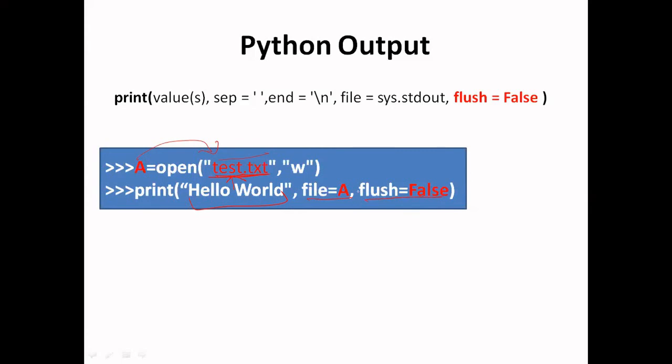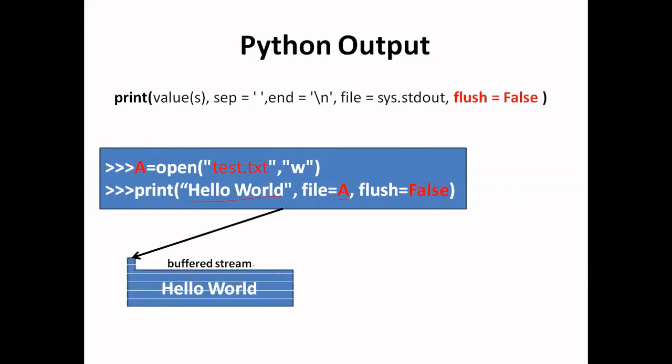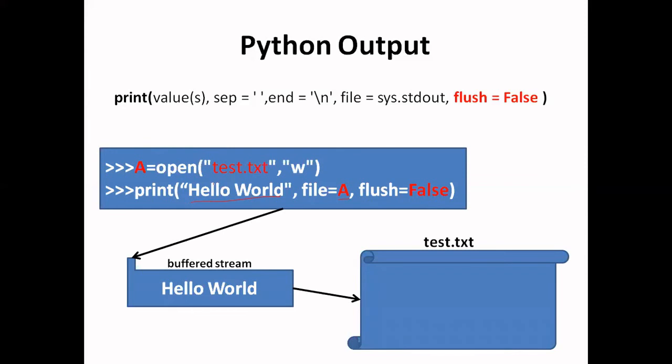That means we cannot forcefully flush out the buffer stream. Suppose I do not close this file, that means I have not written the a.close method, which is the signal for the interpreter to flush out the buffer stream in the case of a file object. The buffer stream cannot be flushed out in this case. So all this output will only be stored in the buffer stream, and it will not be sent to the file.